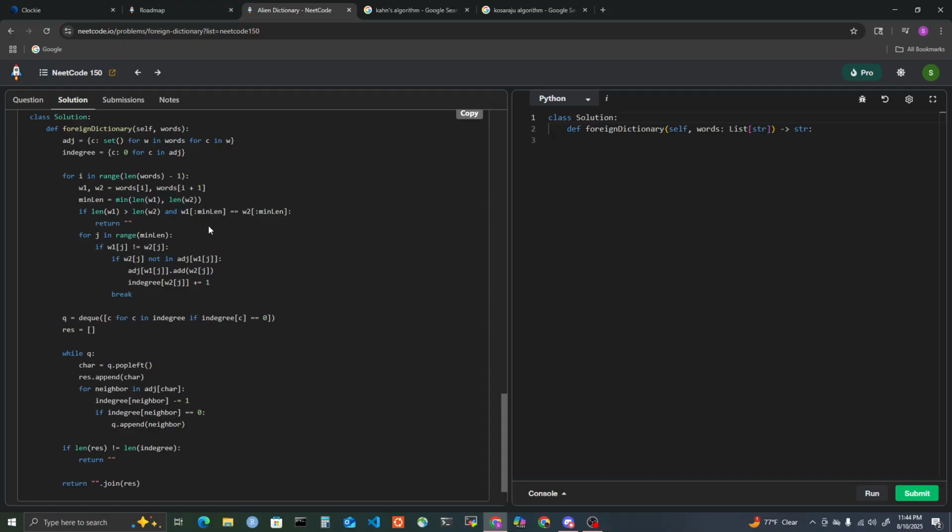We're going to get the current word and the next word. Well, that's not going to work on the last one, huh? Oh, I guess it would, actually, yeah. Because the range is exclusive on the end, not inclusive.